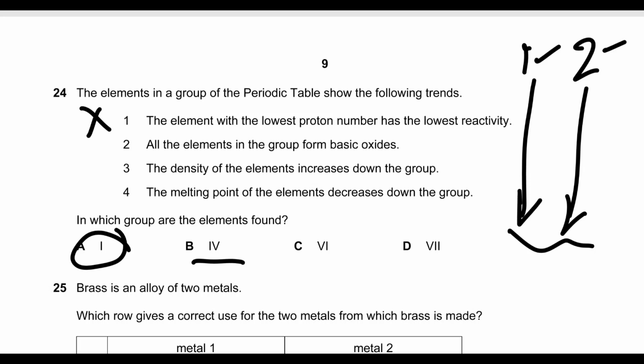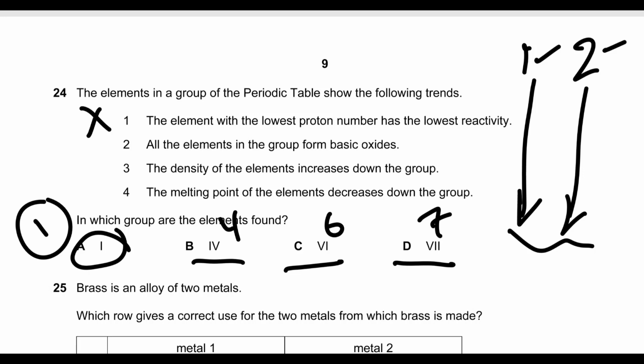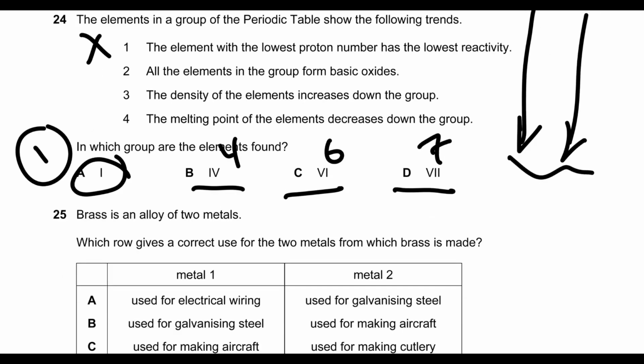This is group number 4. This is group number 6, and this one is group number 7. Sorry, this one is 7, this one is 6, this one is 4, and here group number 1. So the correct answer is A.